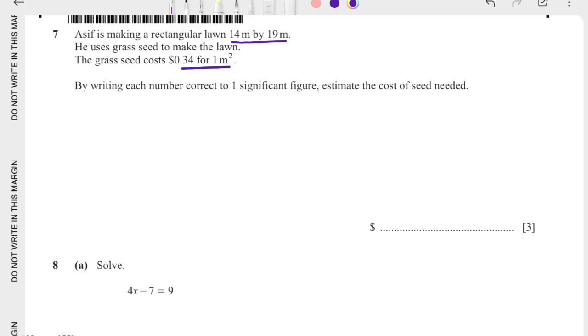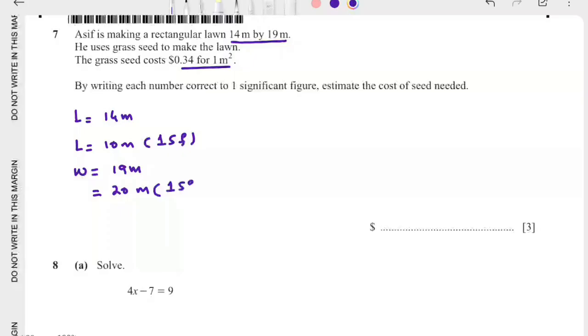So first of all, we have to write all measurements correct to one significant figure. As the length is 14 meter, it would be 10 meter correct to one significant figure, and the width is 19 meter, so it would be 20 meter correct to one significant figure.